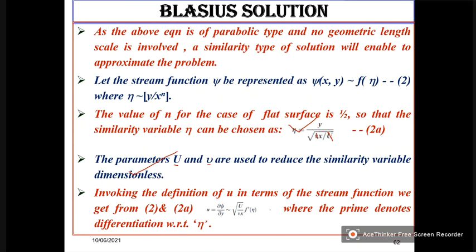So invoking the definition of u in terms of the stream function, again we know u is this. So psi is equal to, consider this, psi is equal to function of eta. So dou psi by dou y is f dashed.